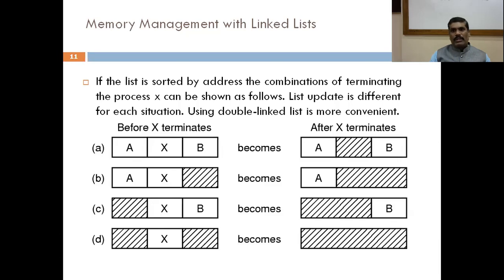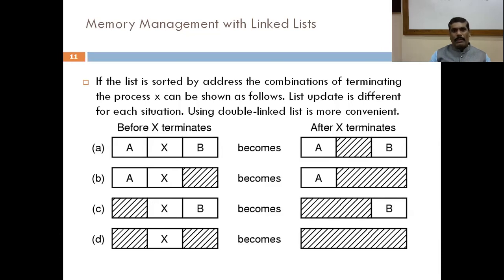But when X terminates, X and the free memory are combined together, and A will be there, so the total number of nodes will be only 2. In diagram C, free memory is there, X is there and B is there. So after termination of X, again you'll find that X and the free memory are combined together, and B is there, only 2 nodes will be there, meaning it is going to be shorter by 1 node.